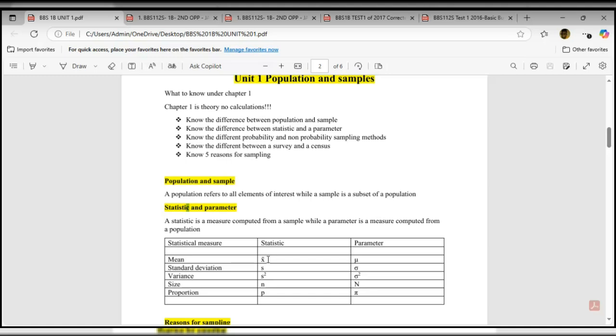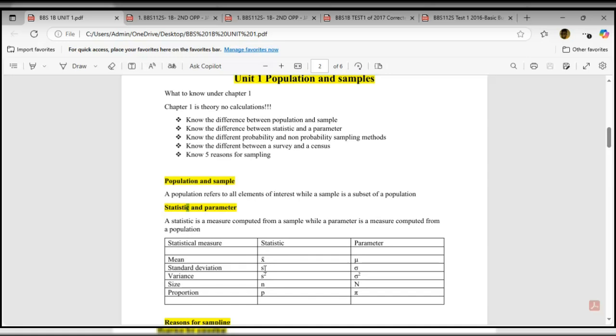X bar represents the sample mean, so it's a statistic. While mu represents the population mean. So X bar and mu are both means, but X bar is a mean for a sample, and mu is a mean for a population. So when you see it in a formula, you know the difference.